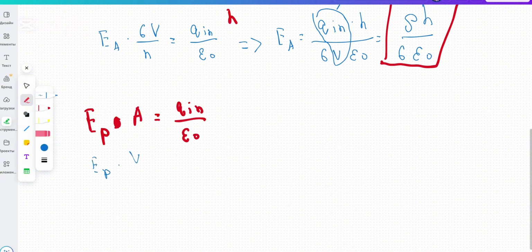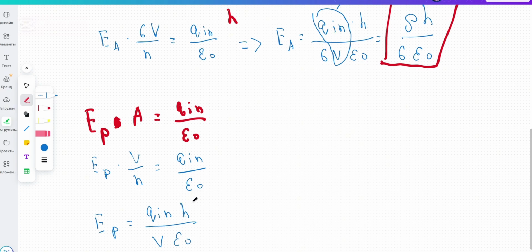Instead of area, we can replace it with volume over h. So this will be equal to q inside times h over volume epsilon 0, and this one will give us charge density.